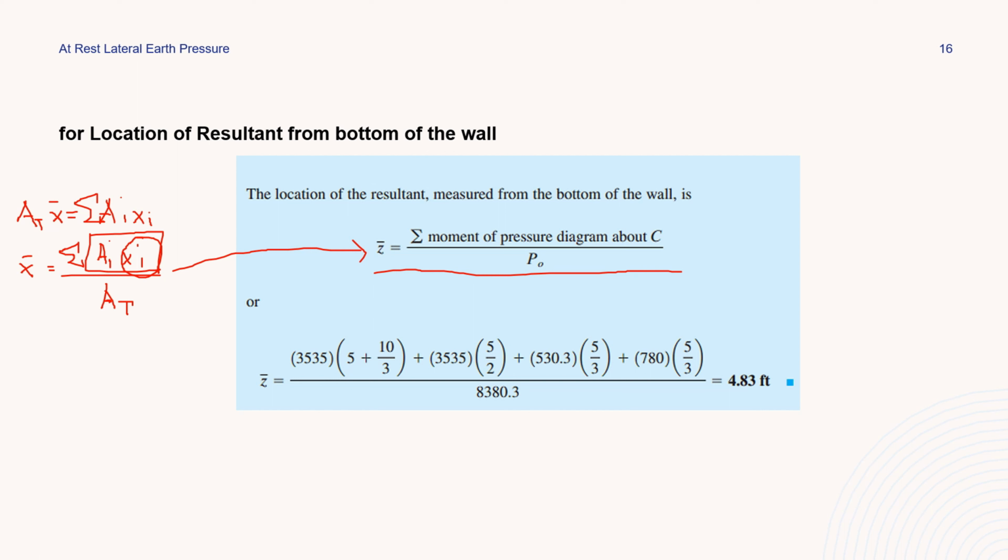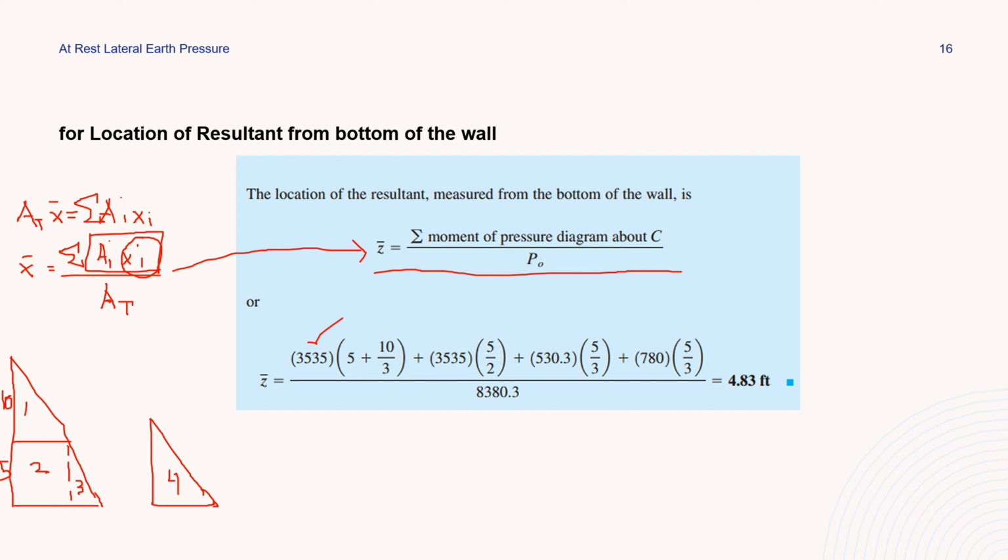So, let us draw the diagram again. 10 here, 5 here, then 1, 2, 3, 4. For area 1, the 3535 was already obtained in getting the total force per unit length.